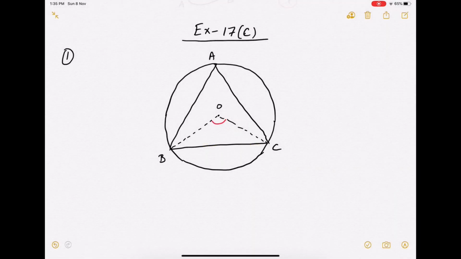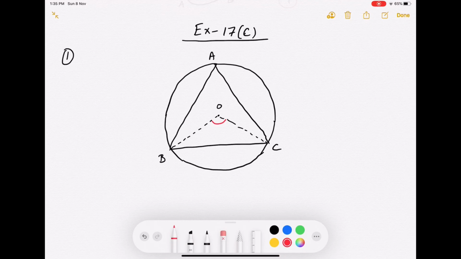So we have come across the property that if a chord in a circle is the side of an equilateral triangle, so if I look at the side BC, since this is a side of an equilateral triangle, therefore the angle which this chord BC is subtending at the center, which is angle BOC, will be equal to 360 degrees divided by the number of sides in the regular polygon.